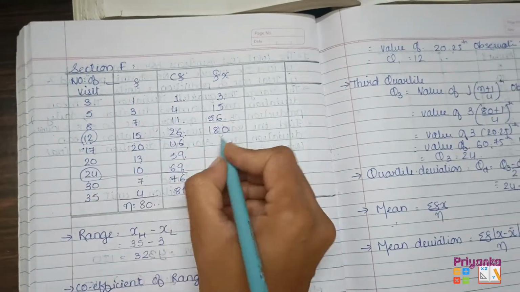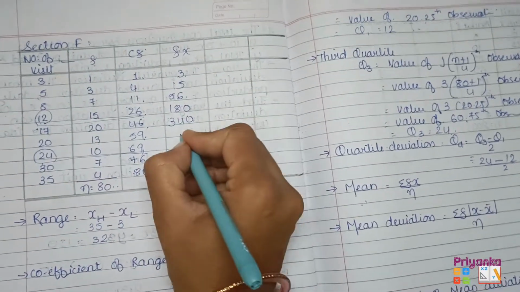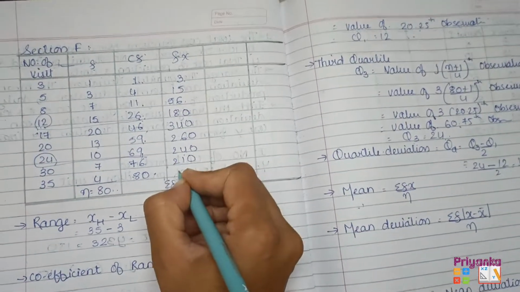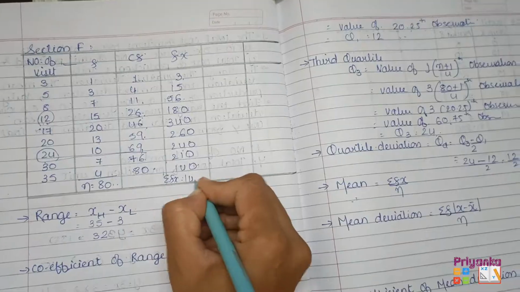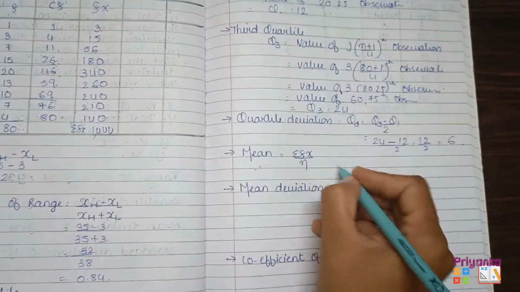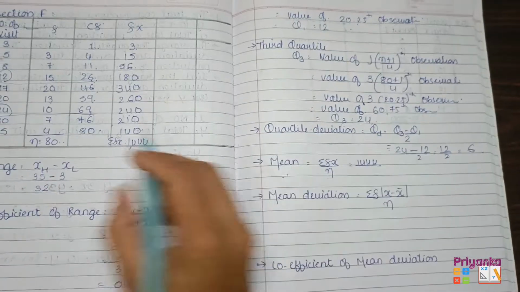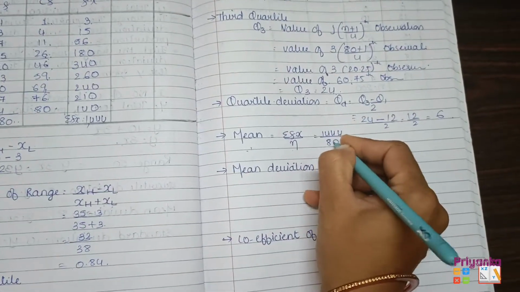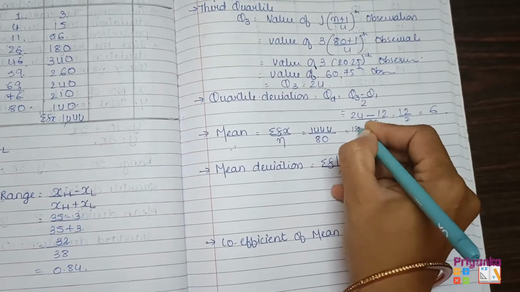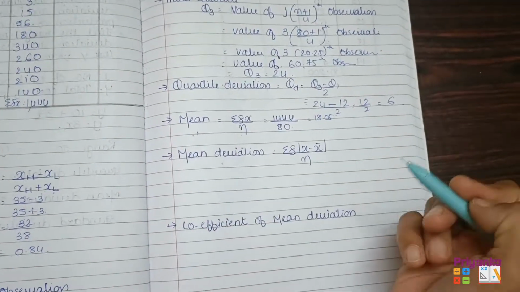Just keep on multiplying like this. 17 into 20 will be 340, and continue with your calculator. Here we get the total 1444. Now take the information into the formula. Just keep the value, and n is 80. Divide, and you will get the answer 18.05 visits.